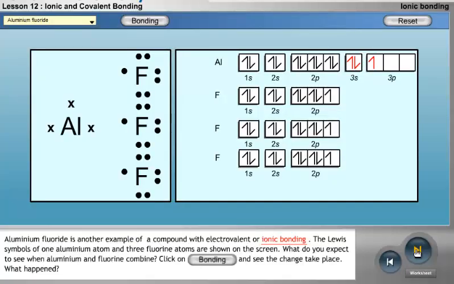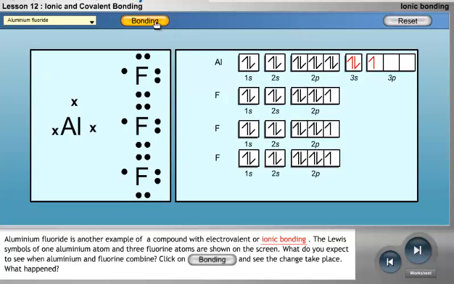Aluminium fluoride is another example of a compound with electrovalent or ionic bonding. The Lewis symbols of 1 aluminium atom and 3 fluorine atoms are shown on the screen. What do you expect to see when aluminium and fluorine combine? Click on bonding and see the change take place.